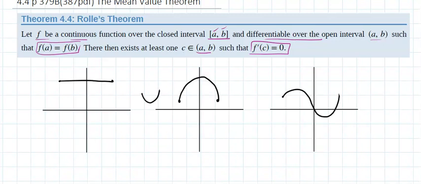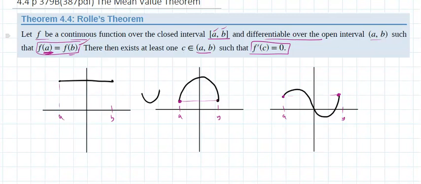It doesn't really matter. What matters is they want at a and b. Did you notice how I graphed those? They want the y values to be the same at the endpoint, right? And that's why I went back to the same level, because of that case.